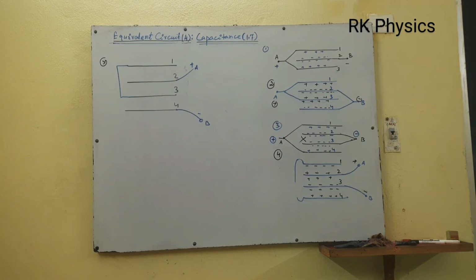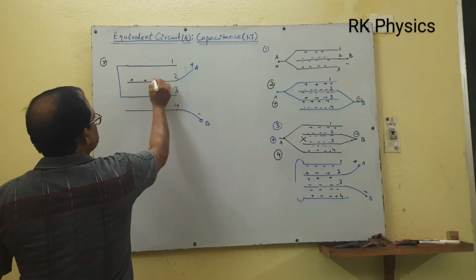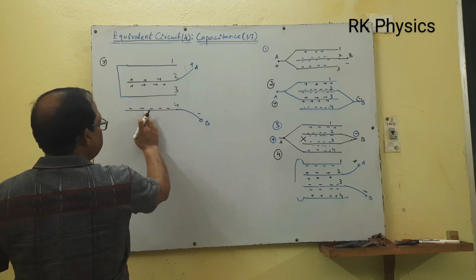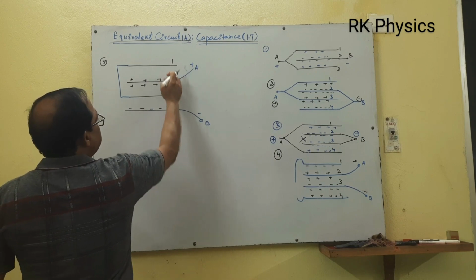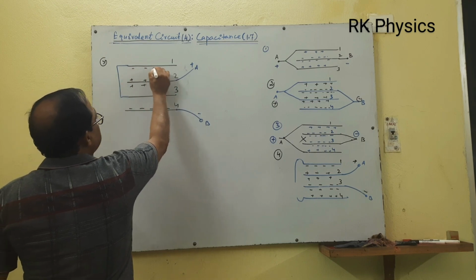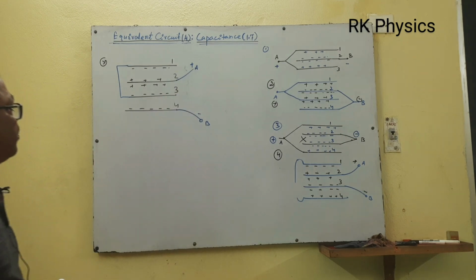Suppose A is plus, B is minus, and 1 and 3 are connected. So now this is plus plus, this is plus plus. Now this is minus, I am taking inner side. A and 1 and 3 they are neutral. So minus induces this side, minus induces this side.